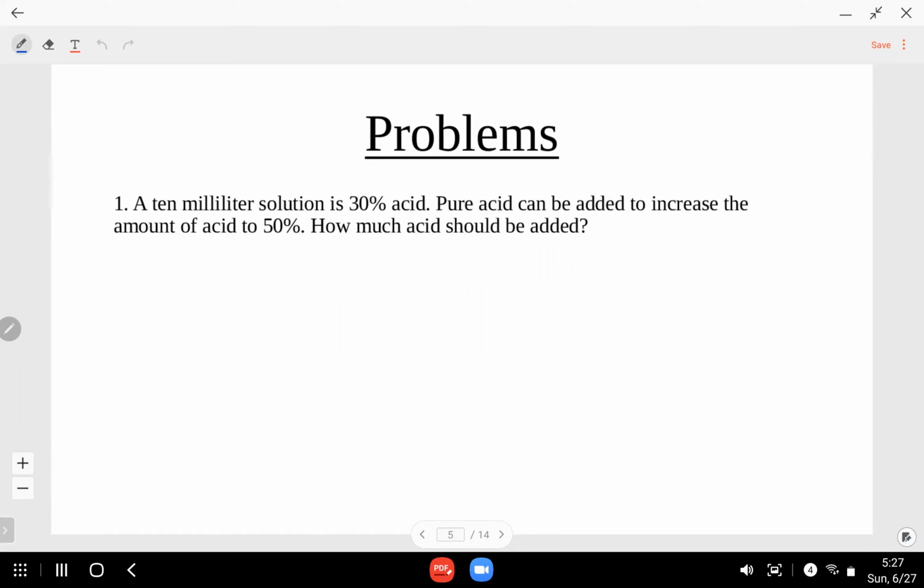Do you need more time? Okay, I'll give you some more time. I'll give you about 1.5 minutes to do this. And this only needs one variable, okay? All of these only need one variable, okay? Just derive the equation and then solve the problem.